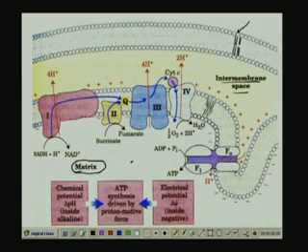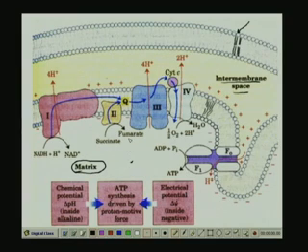Fine. We also have an electrical potential due to the charge difference at both ends, the matrix and the intermembrane space. Both of these are actually inside the mitochondria, but this is the intermembrane space and this is the matrix, separated from the cytosol. Then, based on the chemical potential and the electrical potential, we have ATP synthesis driven by the proton motive force. Okay?